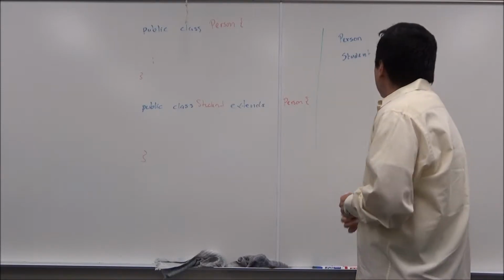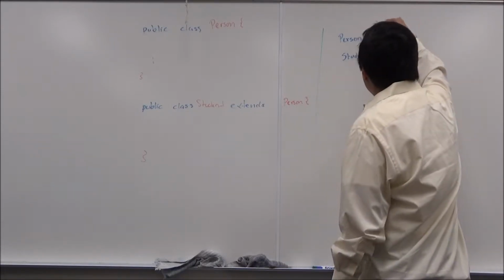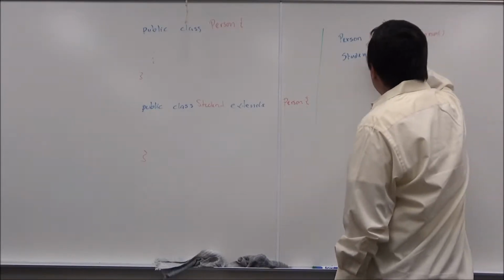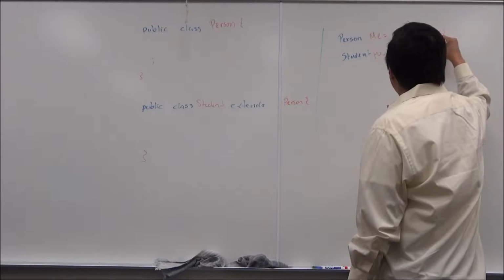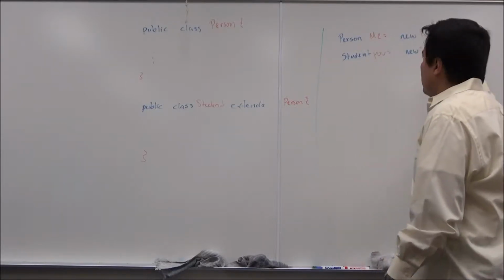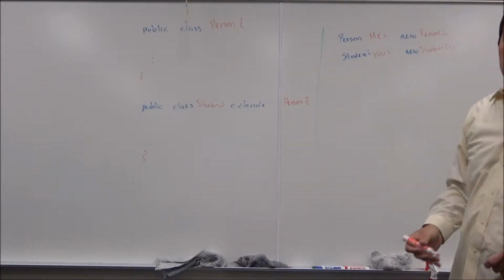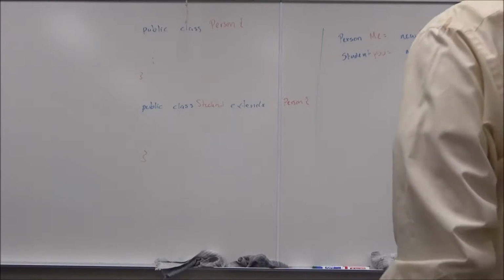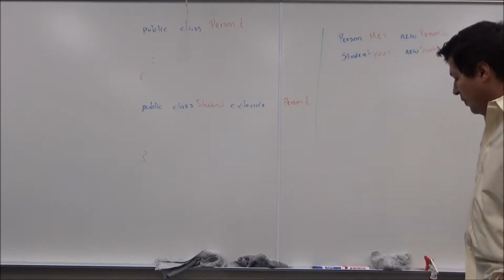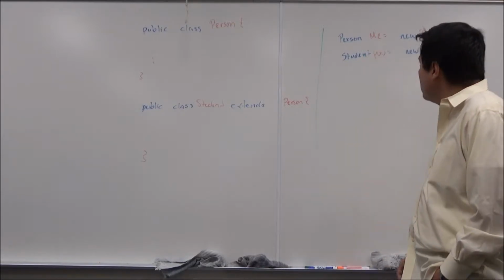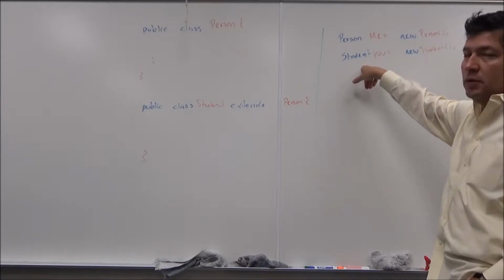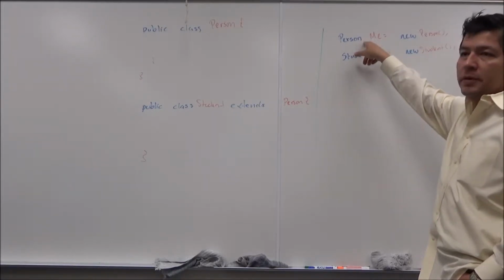I could say me is a new person, you a new student, right? There's nothing new here. Me is a person, right? You're a student, but also you're a person, right?